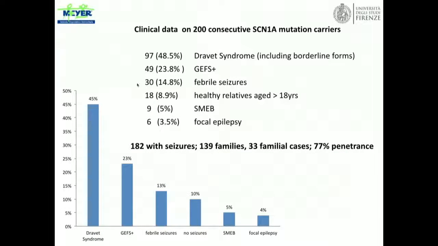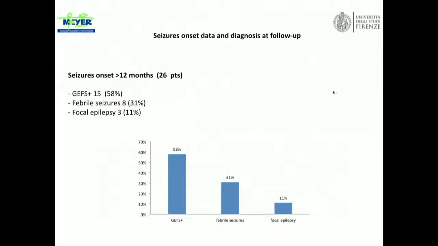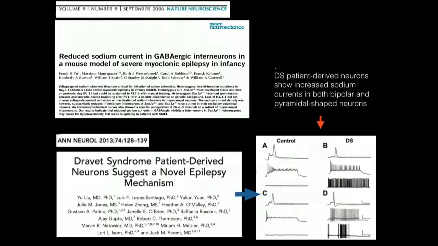And this is an example. This is the whole series. Overall, roughly 50% developed Dravet syndrome. The others had much milder phenotypes, and this is when onset was after 12 months. None of the patients developed Dravet syndrome. So here, early clinical indicators are stronger than the genetic indicators.